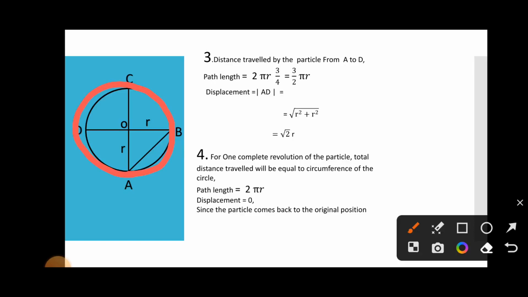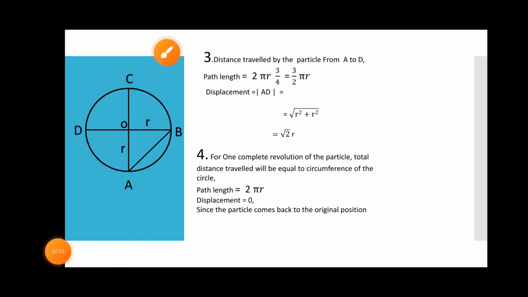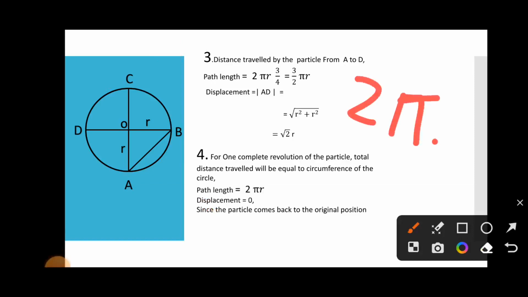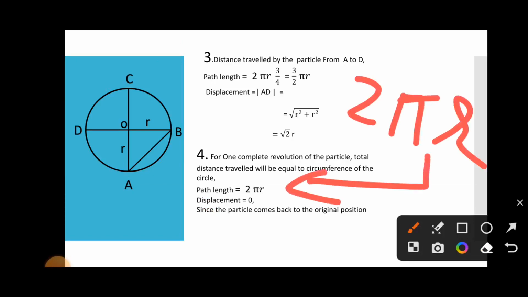Therefore, the path length is equal to 2 pi r, which is one complete revolution of the particle. And as you know, the displacement is equal to 0 because our particle moves from point A to point A again and completes one circle. Therefore, the displacement is equal to 0 since the particle comes back to the original position.